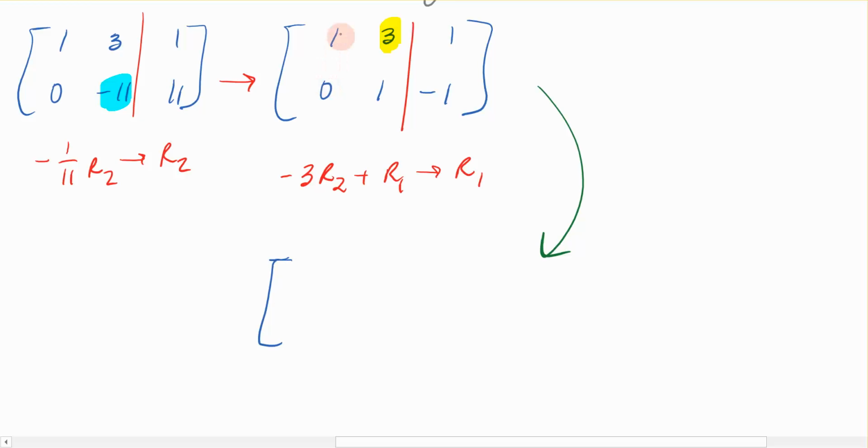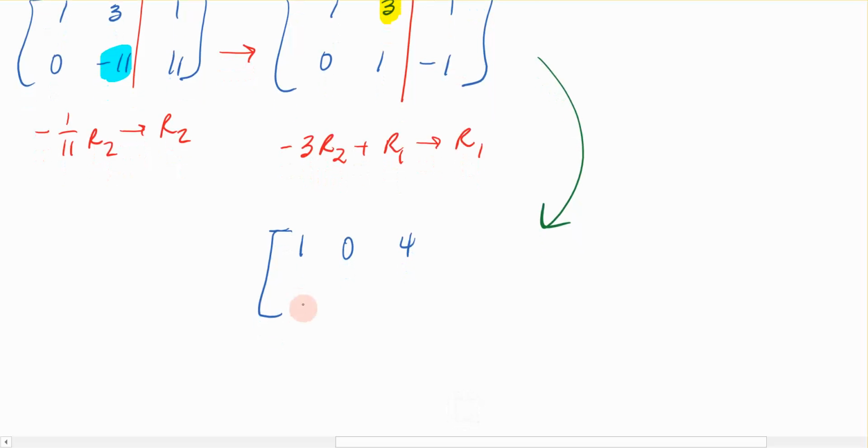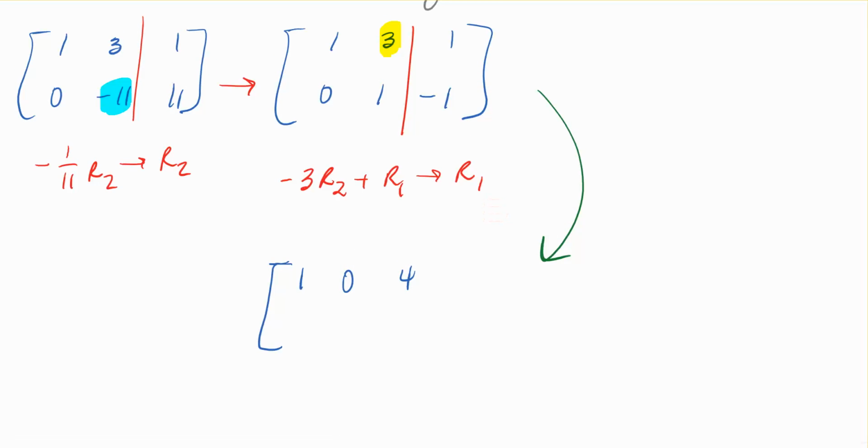So 0 plus 1 is still 1. Now, negative 3 times a 1 is a negative 3, plus 3 would be 0, and negative 3 times a negative 1 would be positive 3. 3 plus 1 would be 4. And the second row did not change. This stayed as 0, 1, negative 1.